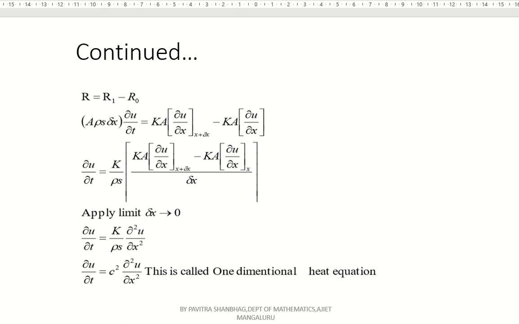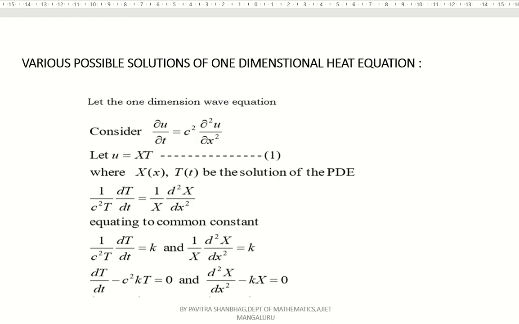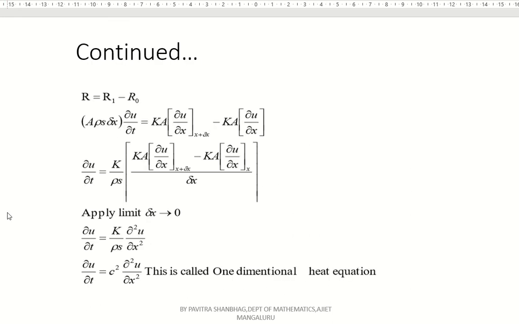That is the flow of heat in a slab element, A rho S delta x ∂u/∂t, which is nothing but the difference between these. So what do we get here? KA common, ∂u/∂x at the point x plus delta x minus ∂u/∂x at the point x.